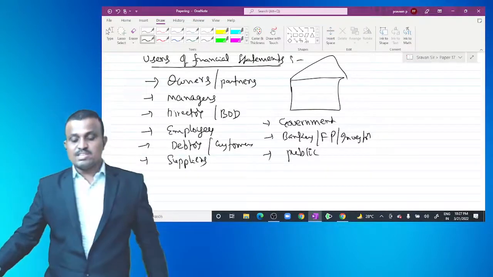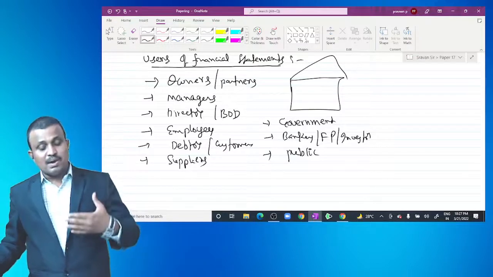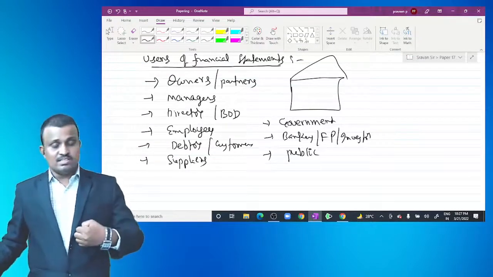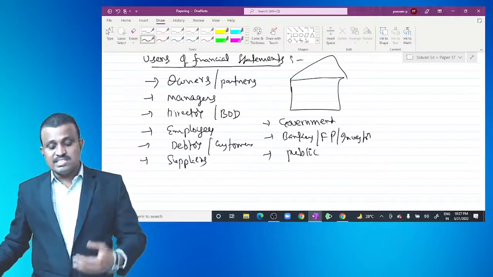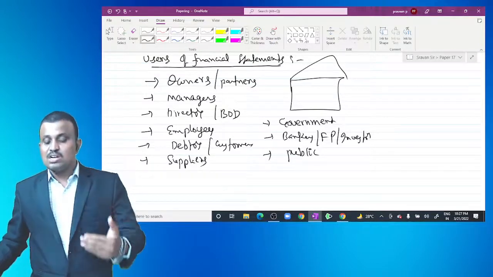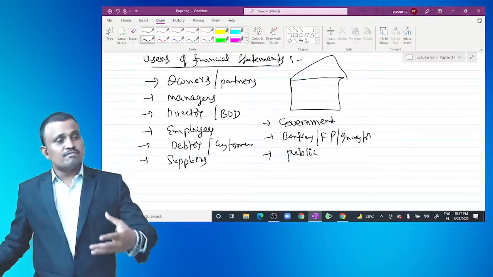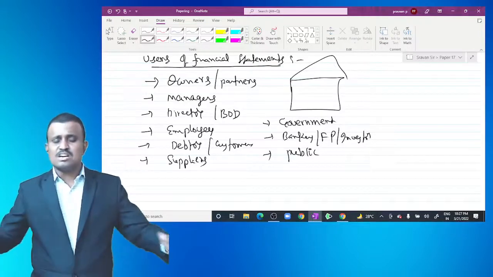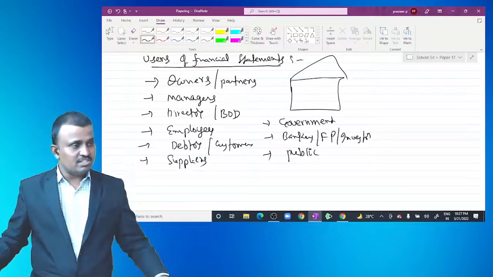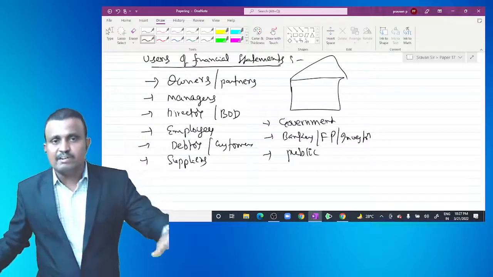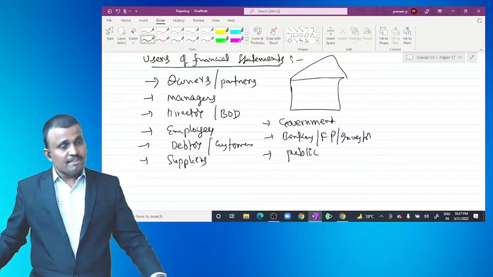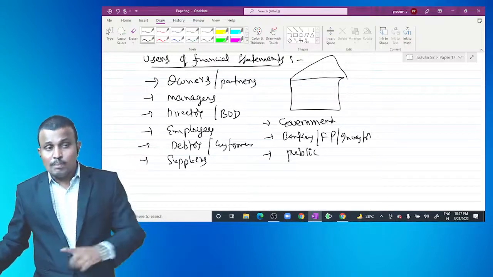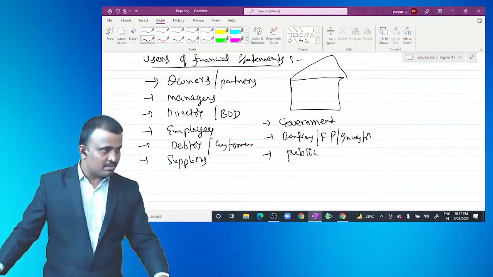So stakeholders cover owners, partners, or managers, or managing director, or board of directors, or employees, debtors, creditors, government, bankers, or finance providers, investors, or public. These are all covered under users of the financial statement. Everybody requires the financial information, but nobody requires the same financial information.